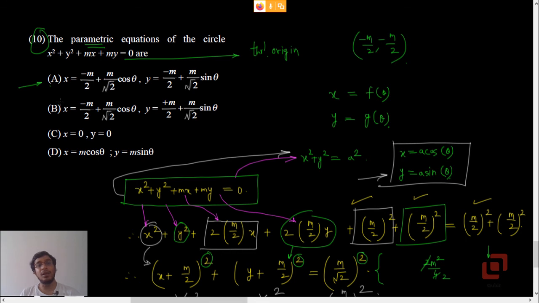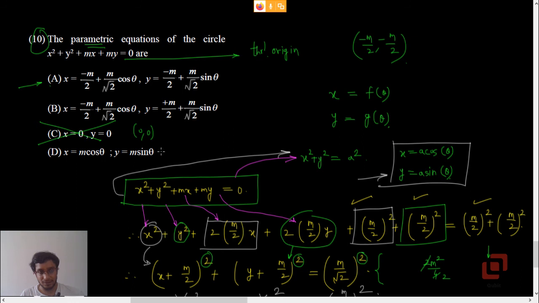The other thing about this problem is, this time when we solved it, we did not read the options. Option C is meaningless. x equal to 0, y equal to 0, that means only the origin, so definitely no parameter is involved there. If you go to D, then you have x equal to m cos theta and y equal to m sin theta.